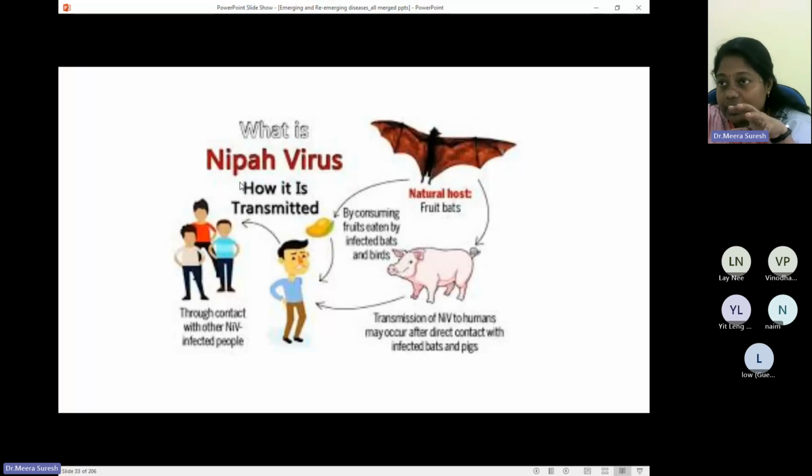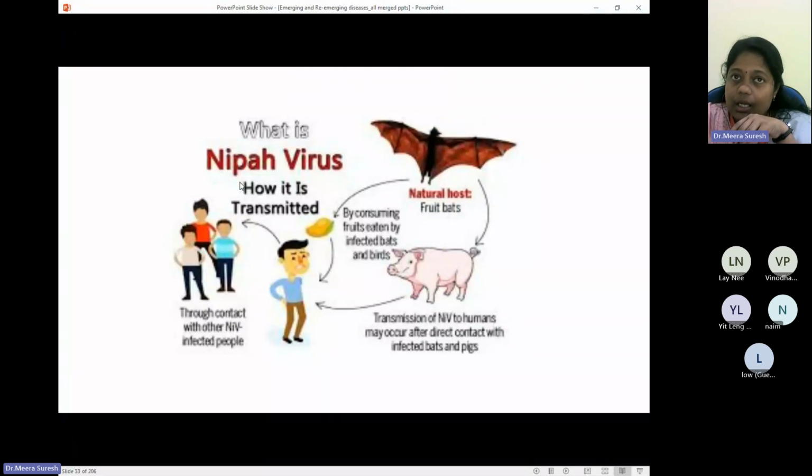So sometimes it may not be the same, but in this case, what happened in Kerala, it was actually the same person. It was a very young person, maybe in his 20s, late 20s or early 20s. It was in 20s anyway. So when the case was taken, it was seen that this person ate some fruits that were lying in the back of his garden area, or his compound.